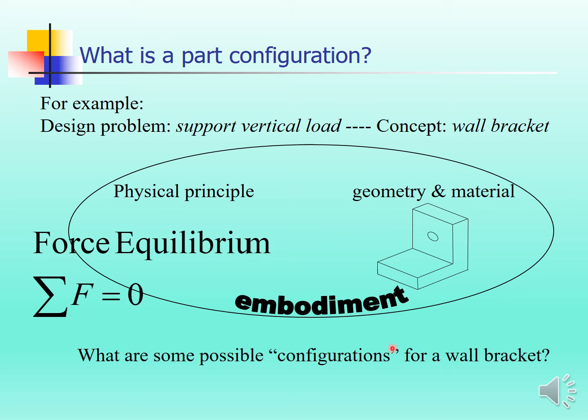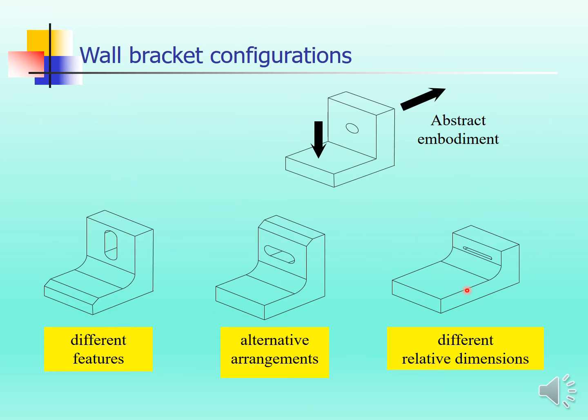Example here. Okay, we now have the physical principle. We use force equilibrium, F equals 0, and we have geometry and material. Here we have an example for a wall bracket configuration.